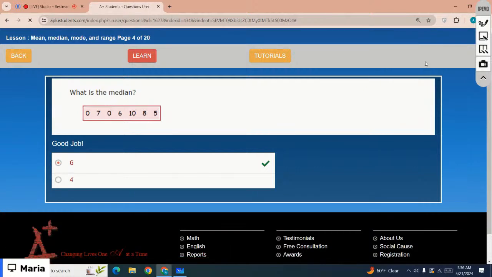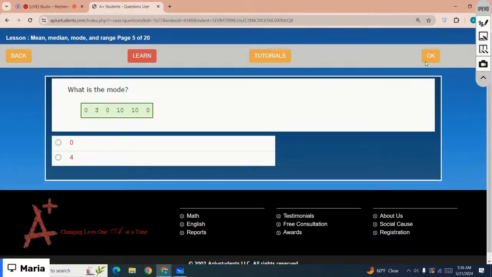What is the mode? Mode is the number that appears the most of the time in the given data. So what is the mode?